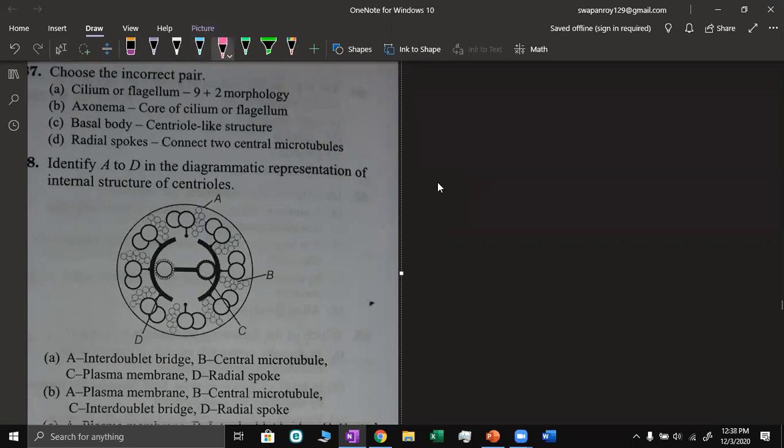Flagella is made of protein, these are tubular protein, tubulin is there. So this is A to D. We have to identify the diagrammatic representation of the internal structure of, oh, this is centriole, not the flagella. No, this is not centriole.